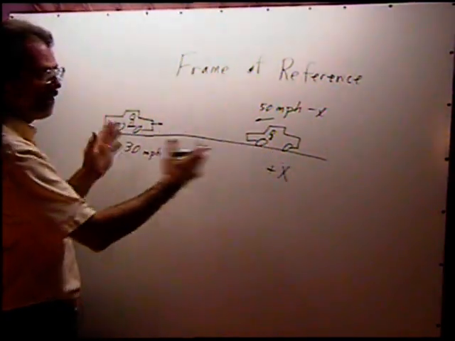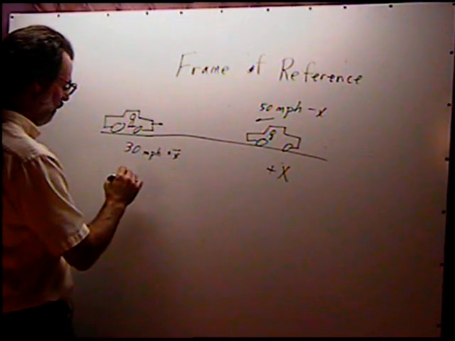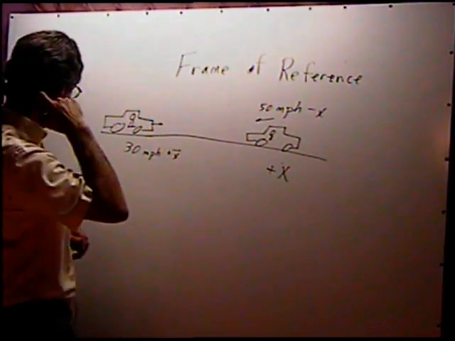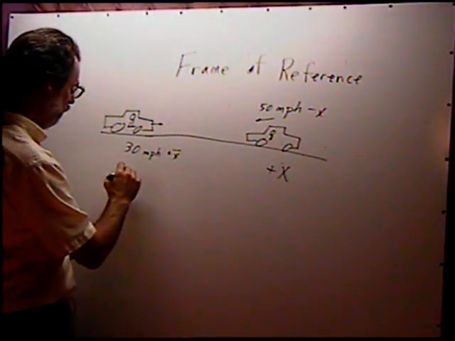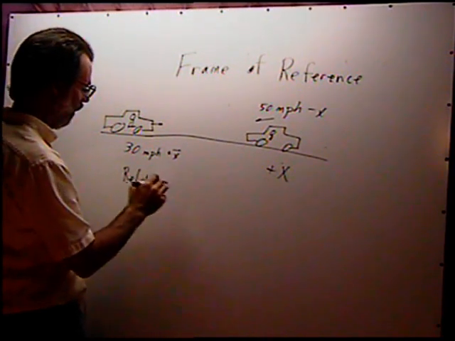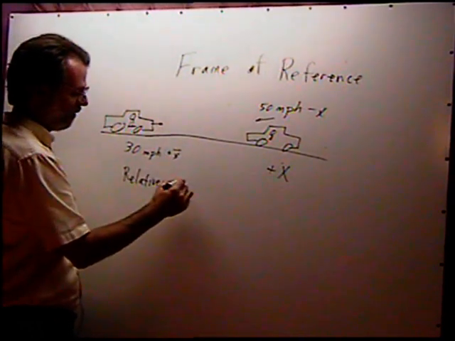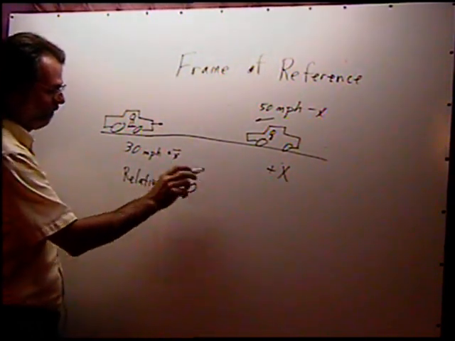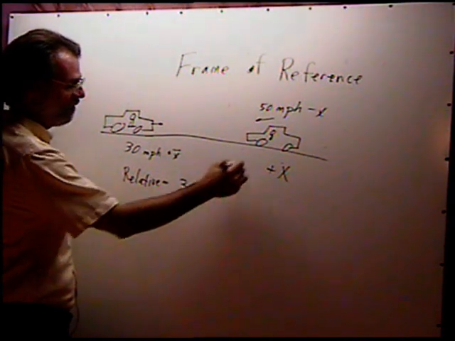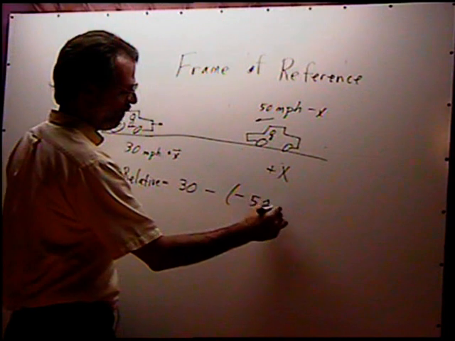We are approaching each other how fast? Our relative velocity is going to be 30 miles per hour in this direction, minus a minus 50 miles per hour.